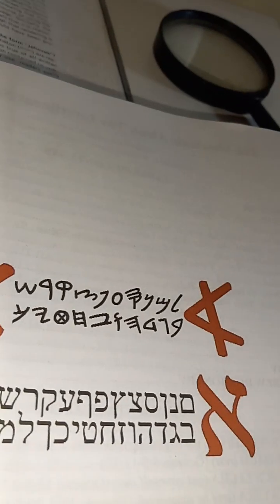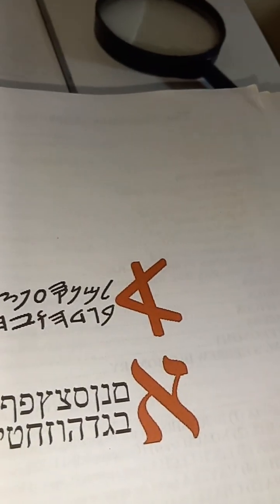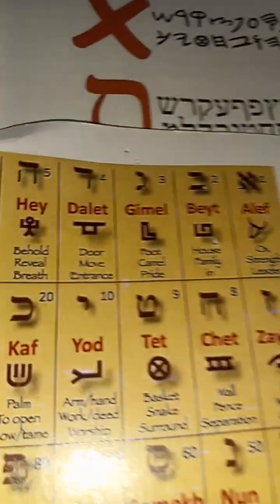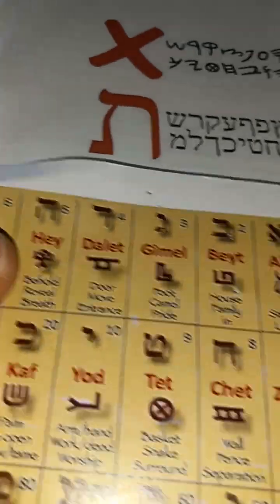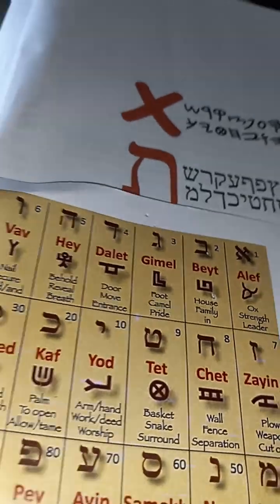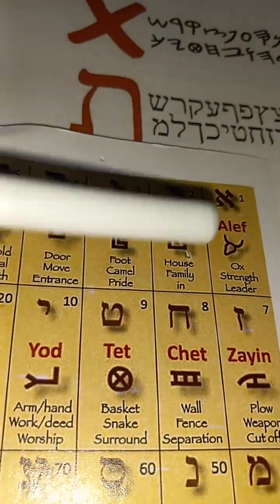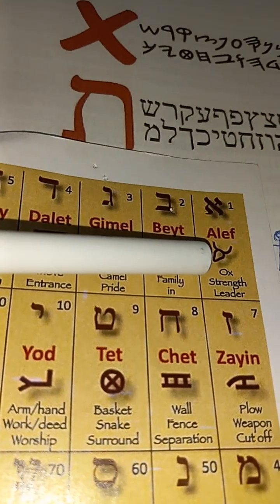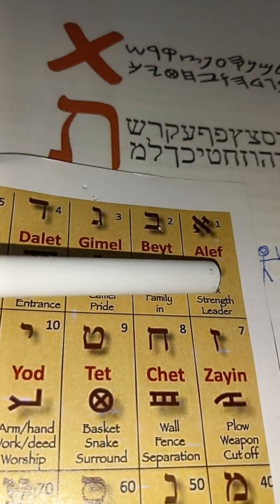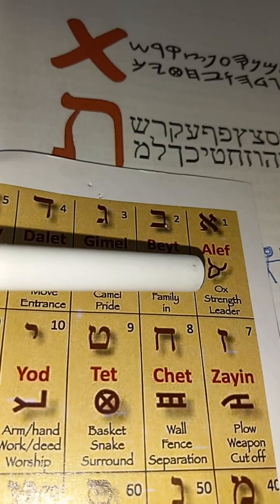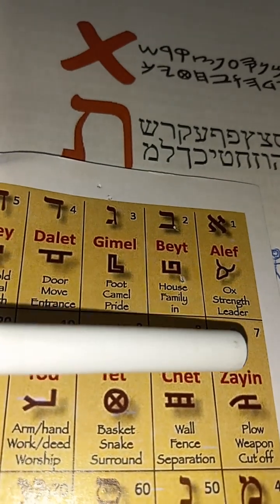Okay. So this is another type of Hebrew. This is the one I was talking about. This is another one. Not sure if this is the first one, the first Hebrew, but I'm gonna find out some more.